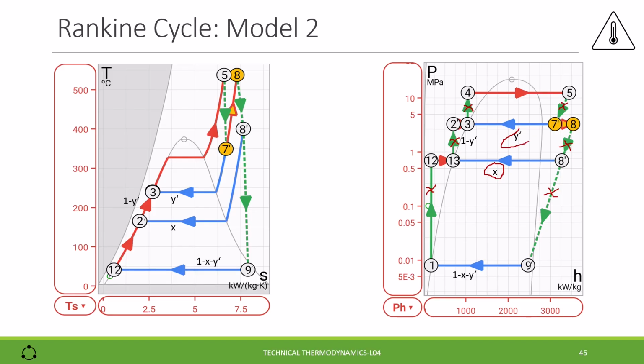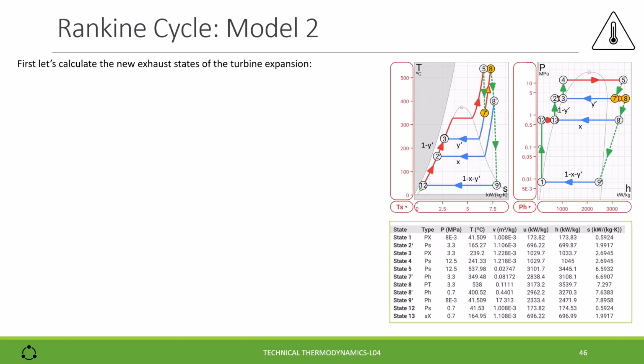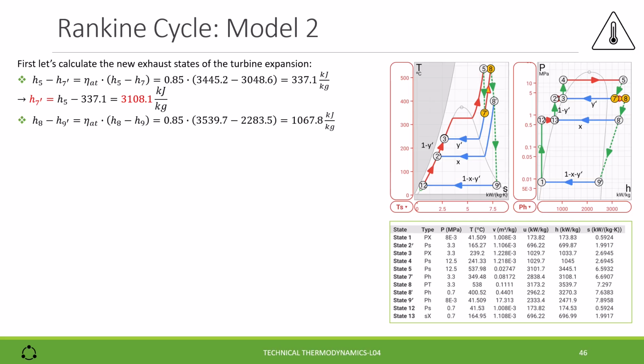We calculate first the new exhaust states of the turbine expansion using the definition of the adiabatic efficiency of the turbine itself. H5 minus H7 prime equals efficiency of the turbine into H5 minus H7. Therefore, H7 prime equals 3108.1 kJ per kilogram.